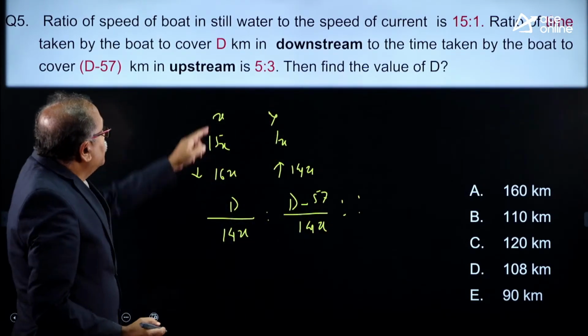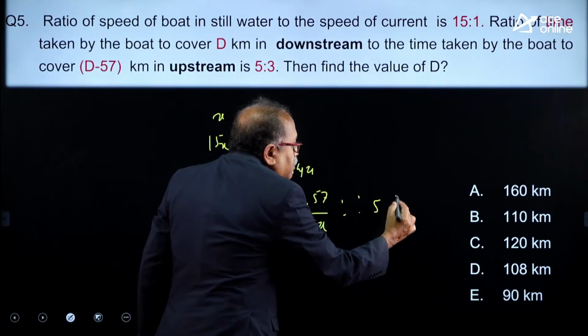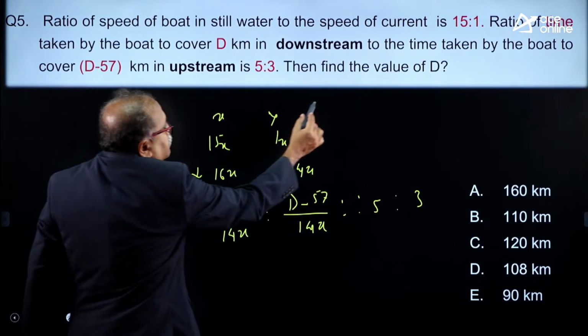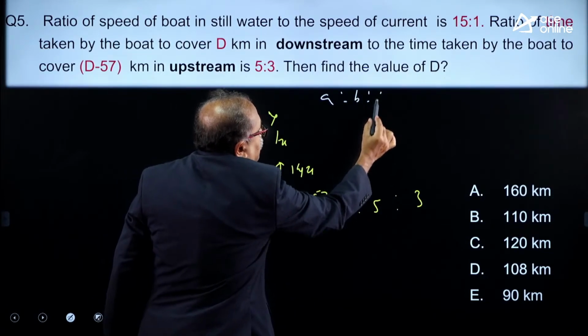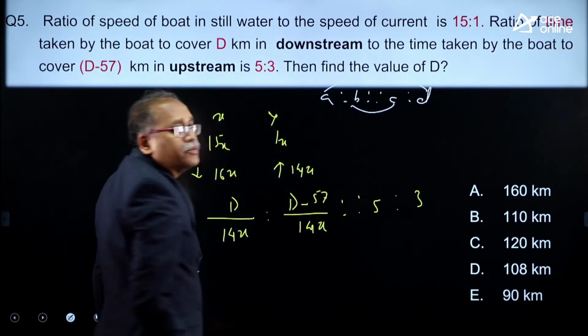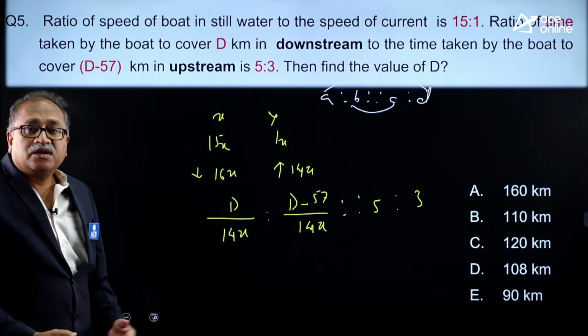This is in the ratio of 5:3. Now my dear friends, you know that if A is to B is proportionate to C is to D, the product of extremes is equal to the product of means. So just apply that over here.